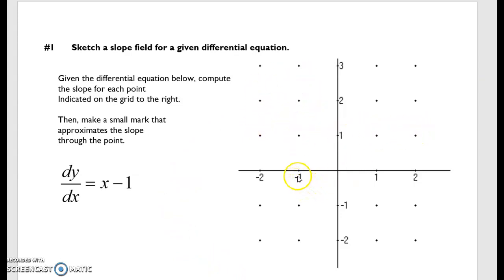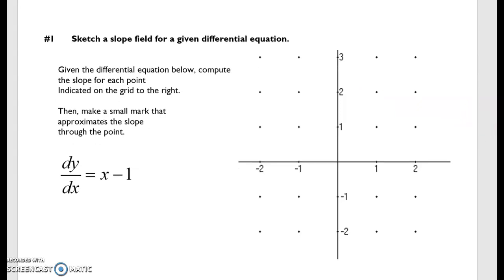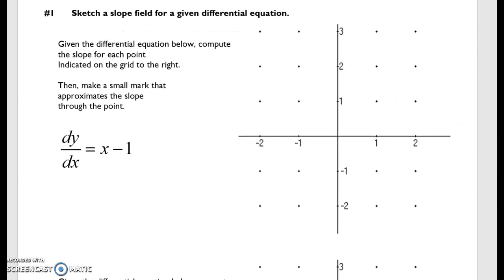Usually on the AP test, there's only about 9 or maybe 12 different points for you to use. You won't have this many. But what you can think about is, we're just going to make a table of values here. So we know our derivative is x minus 1. And so what I notice is this is only in terms of x.